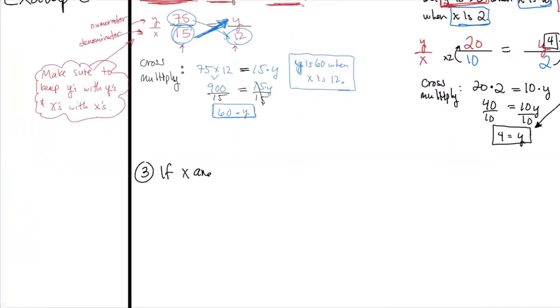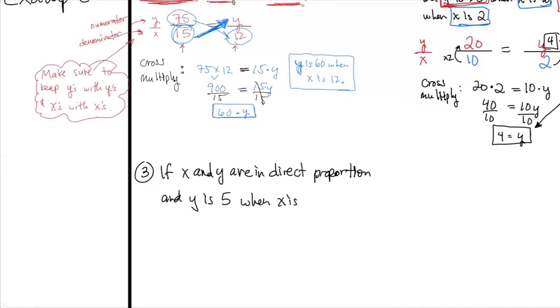If x and y are in direct proportion and y is 5 when x is 15, find y when x is 6.